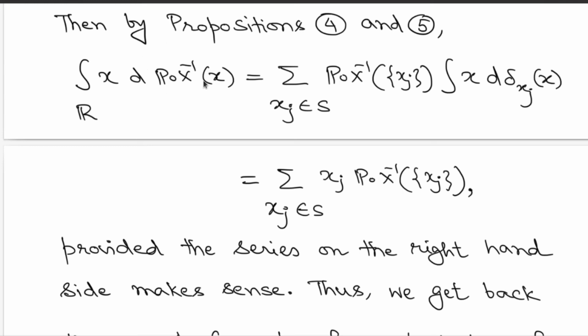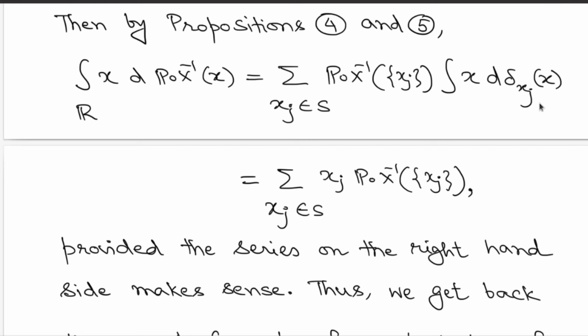Now you rewrite the p compose x inverse, the law, as a linear combination of the Dirac masses, and as per propositions earlier, these scalars and the summations simply come out, and you only have to integrate this function, which is the identity function x here, with respect to the Dirac mass.